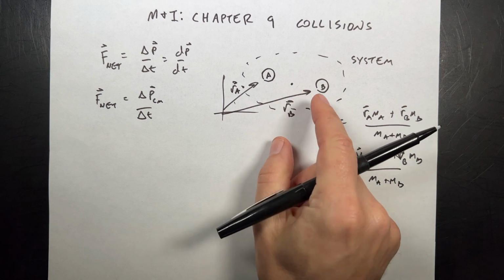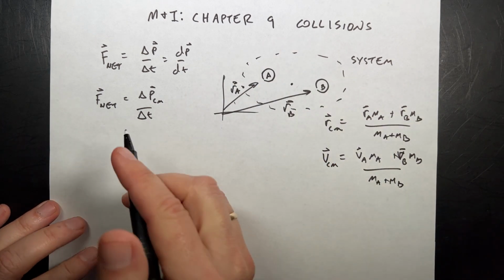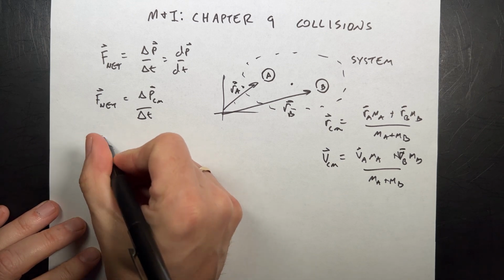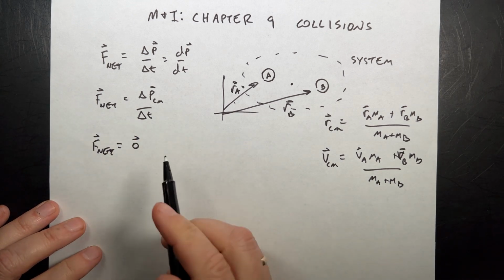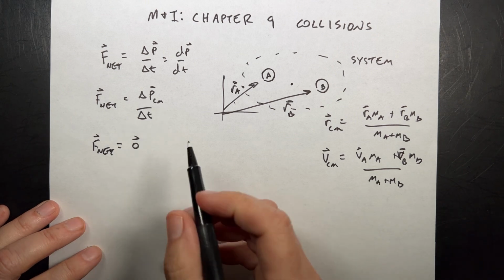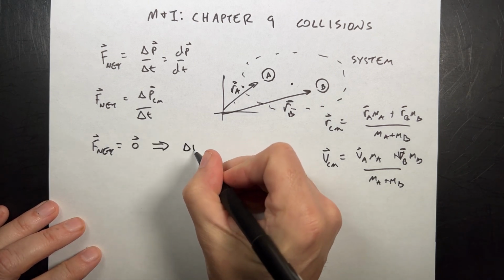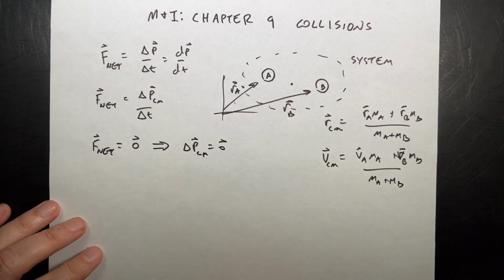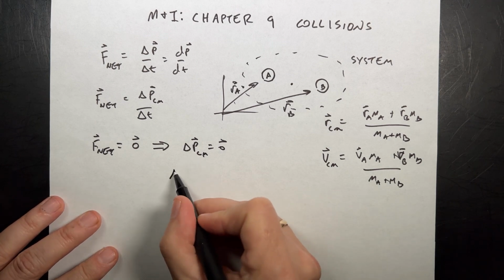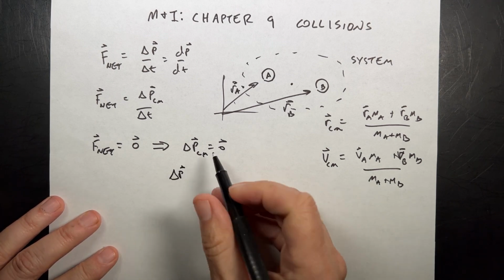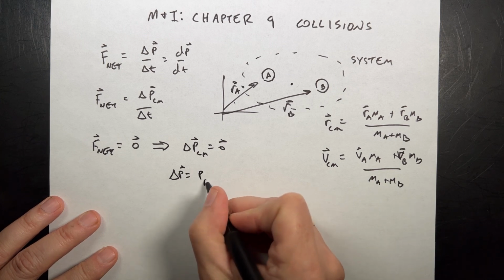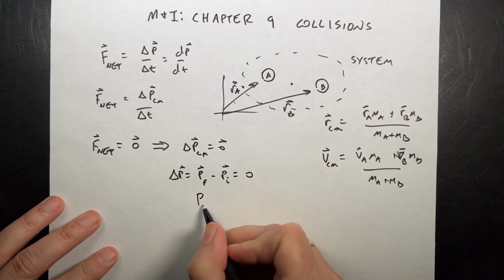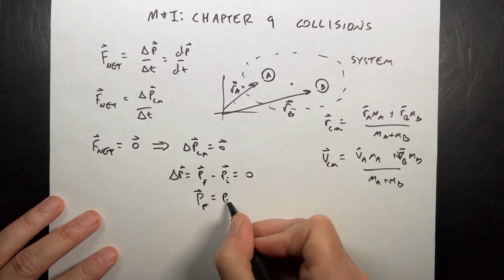And that's what would change if I have a force on the system. But what if my net force on the system, F net, is equal to 0? In that case, the change in momentum is 0. Delta p of the center of mass is equal to 0. Another way of writing this is to say delta p, and I'm just going to use p, is p final minus p initial equals 0, or p final equals p initial.